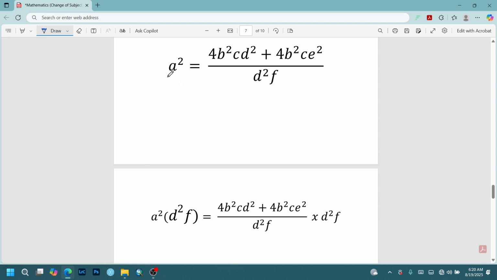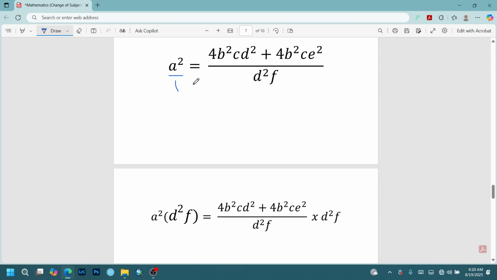But before that, a square, as I indicated earlier, has an invisible 1. And when you have two different fractions in different halves of the equation, you do cross multiplication.